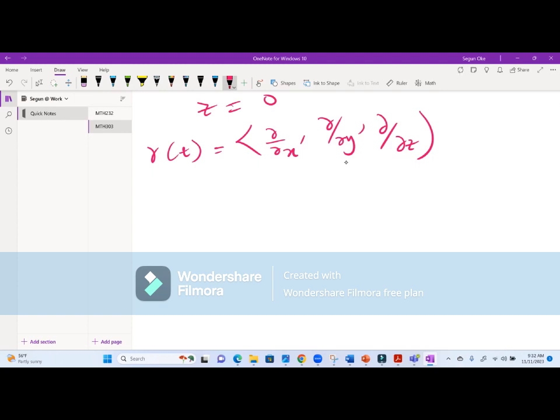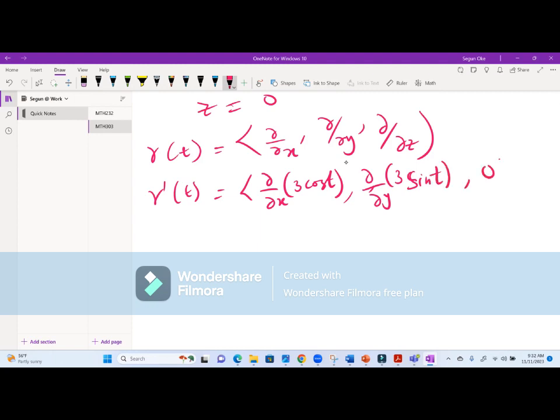Our r prime will be what? d/dt of 3 cos t, and d/dt of 3 sin t, comma 0.